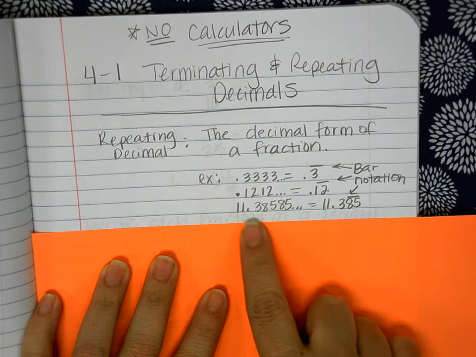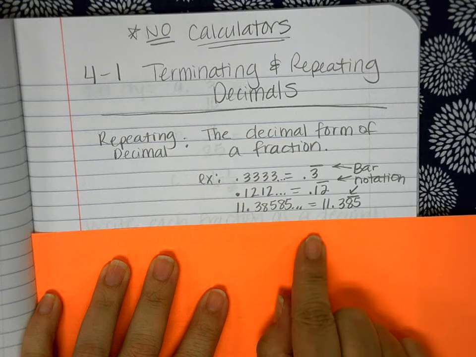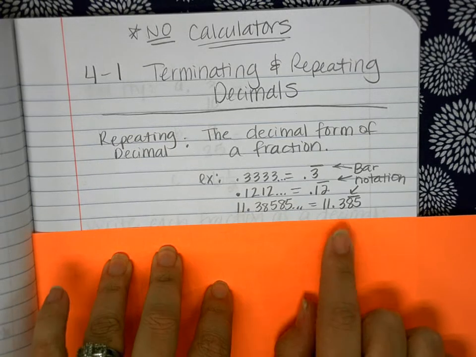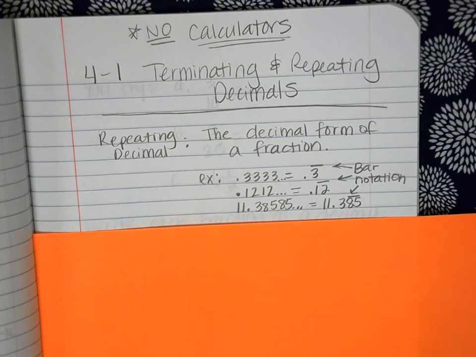If you have 0.1212, you just put it over the 12. You could have other things where only part of it repeats, so then you just put the bar over the part that repeats. Okay? So if it's just part of it repeating, that's the part you put the bar over.